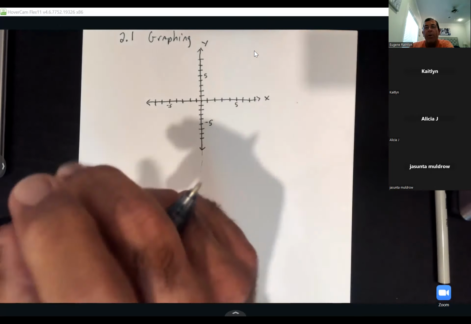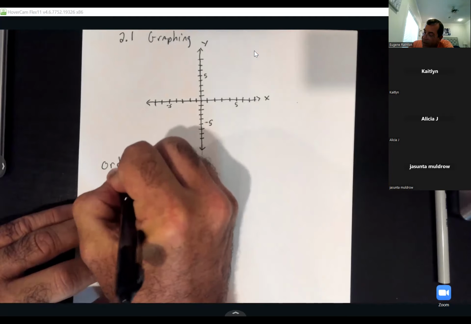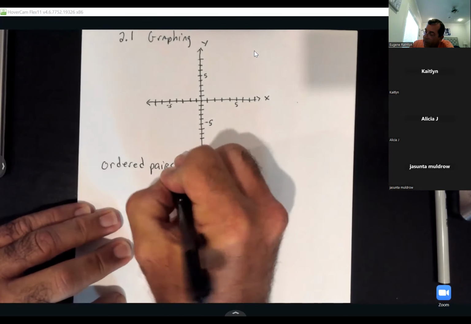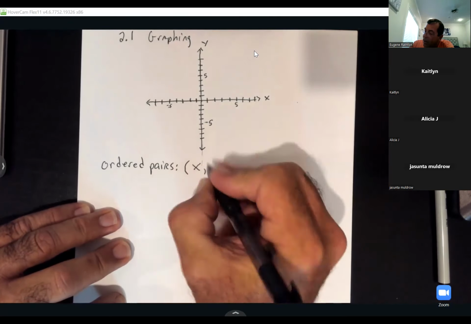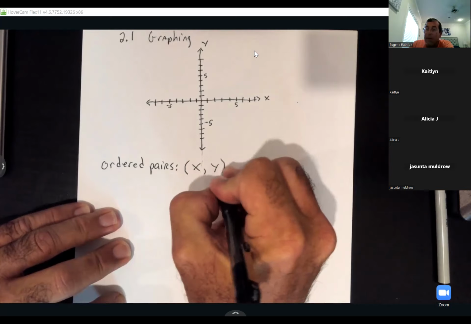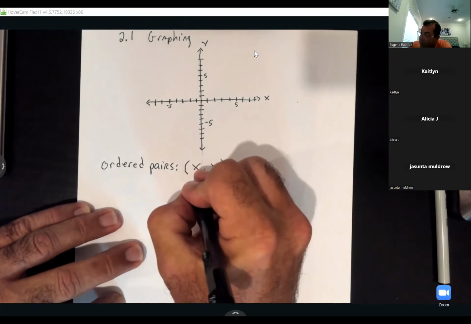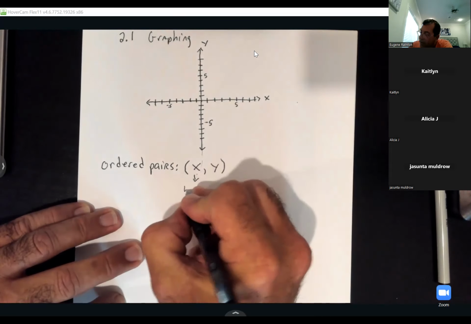So y'all, when you plot points, they come in the form of what we call ordered pairs. Ordered pairs will have an X value and a Y value. The X value tells me whether I'm going left or right.